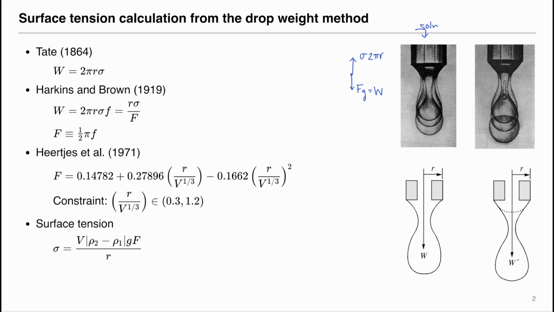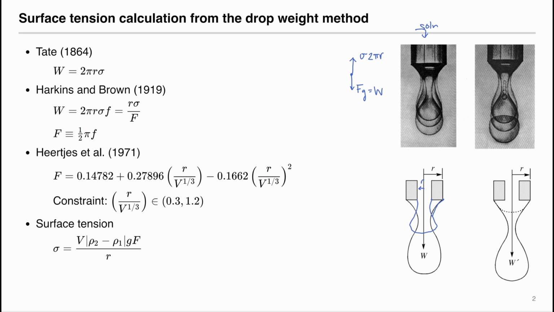The nozzle radius depends on whether the drop is forming at the exact outer edge of the nozzle, or on the inner nozzle, in which case r will be smaller. Because they're balanced, Tate derived the equation where W, the weight, is equal to 2 pi r, the perimeter, multiplied by the surface tension.